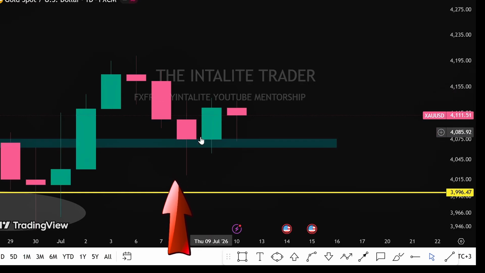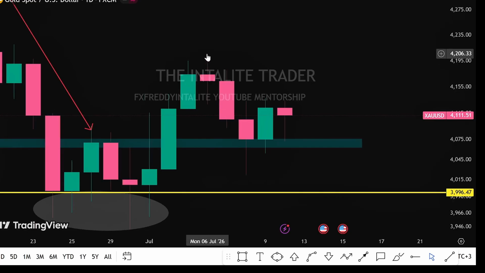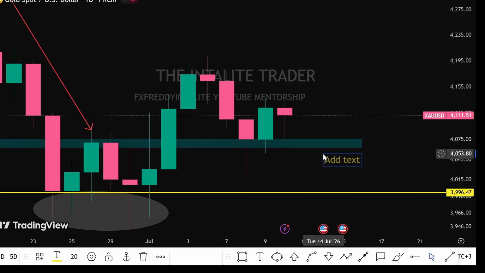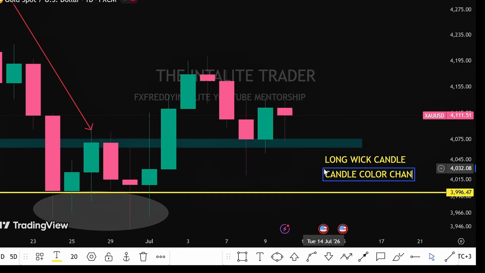We also have a candle color change. We have all red candles before having this green candle color change. So you have a long wick candle here, and you also have a candle color change.